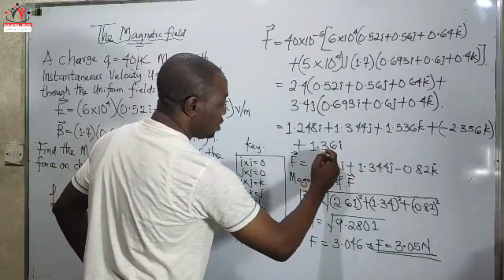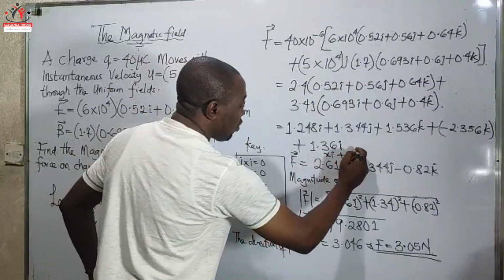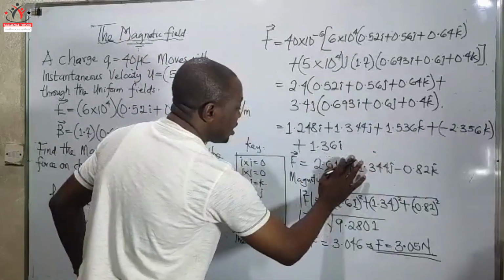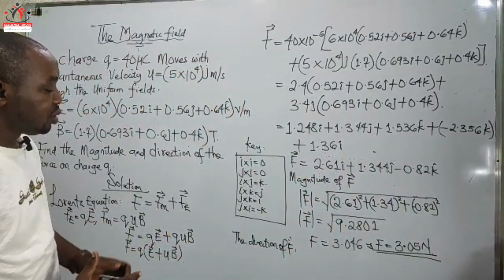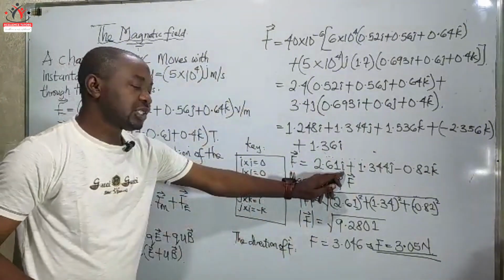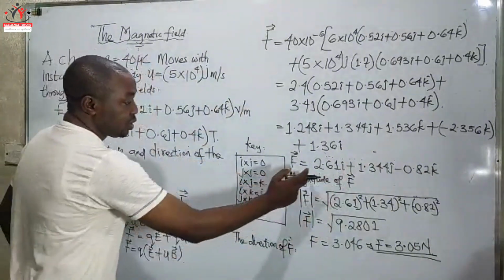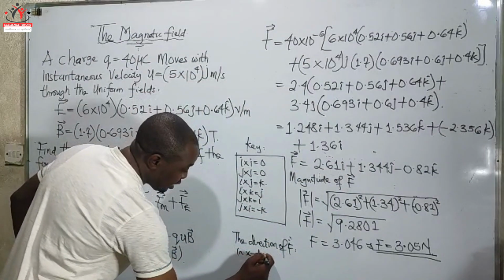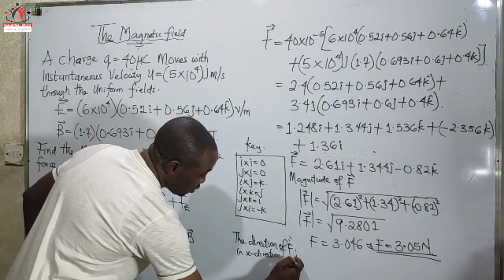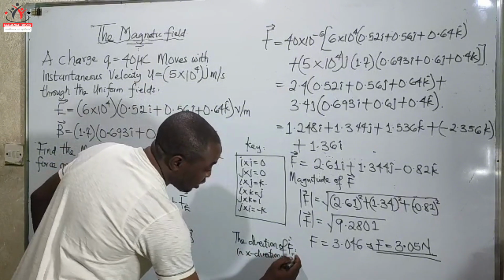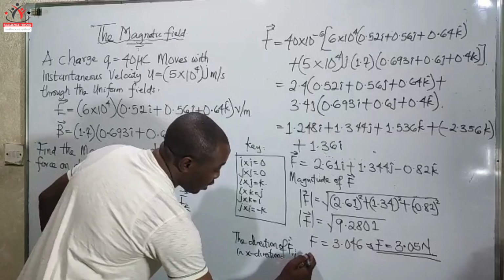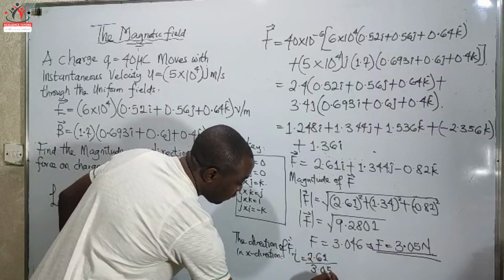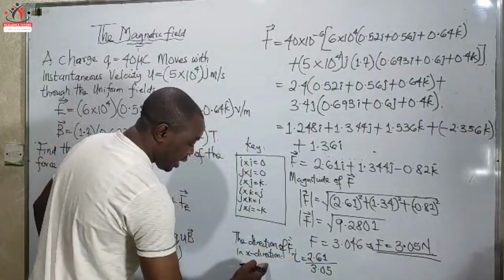This is more like having xi plus yj plus zk. When we talk about the direction cosine in the x direction, let's say that is L, so that will be 2.61 divided by 3.05.